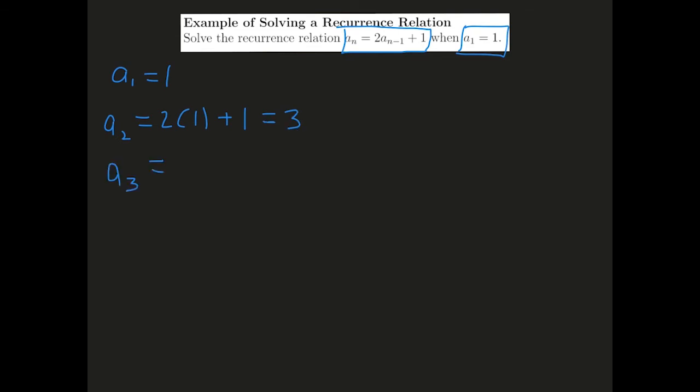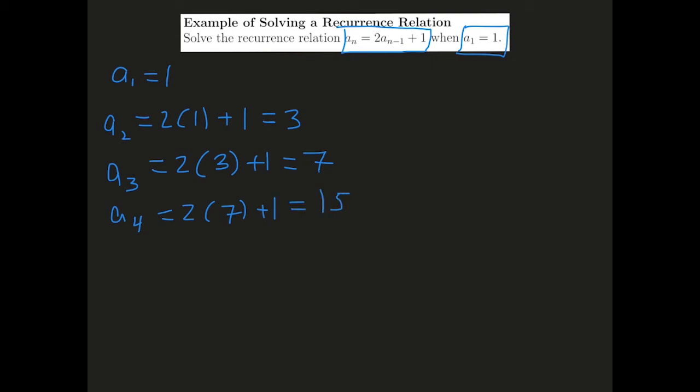A_3 is equal to 2 times the previous one, which was 3, plus 1, so that's 7. A_4 is 2 times the previous one plus 1, so that's 15.